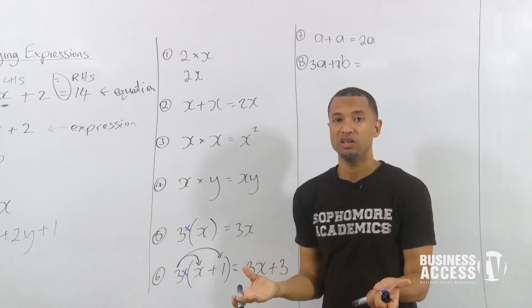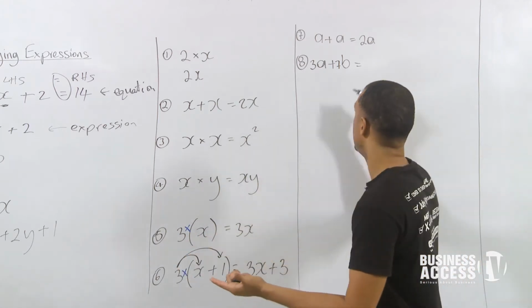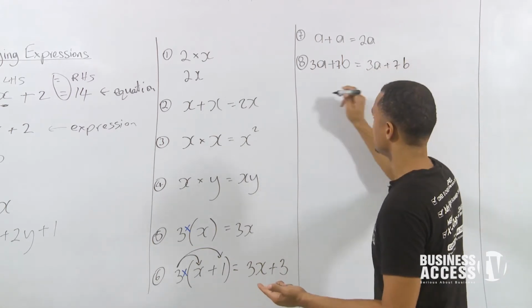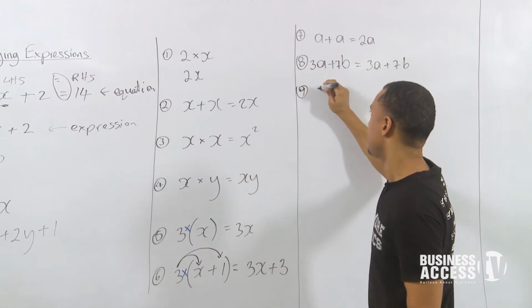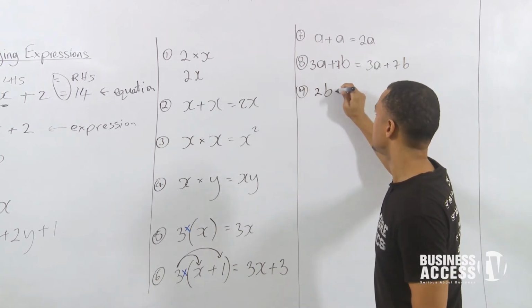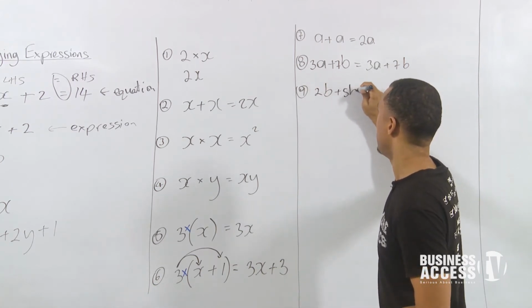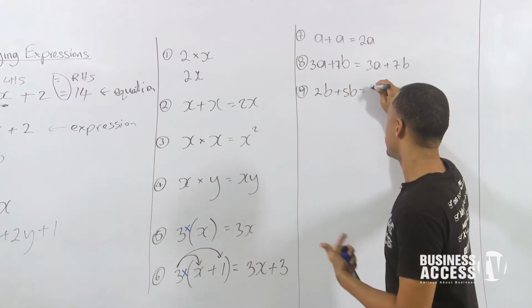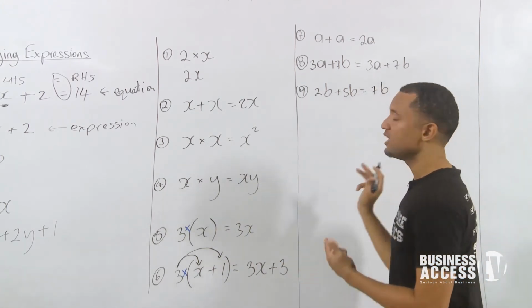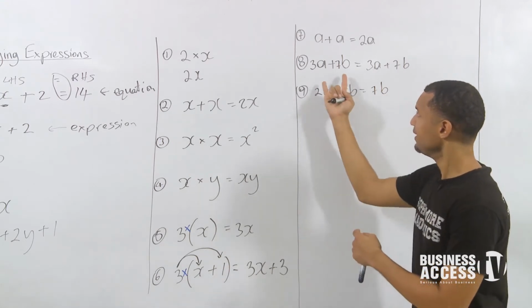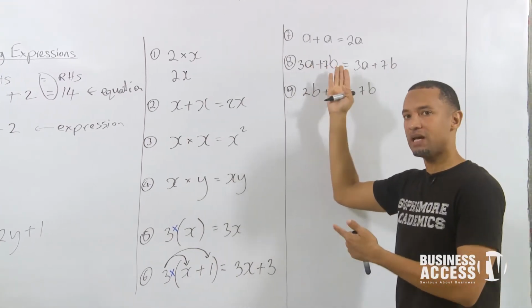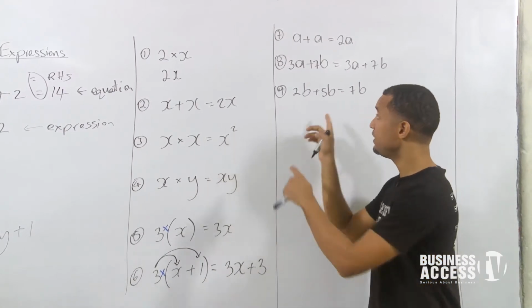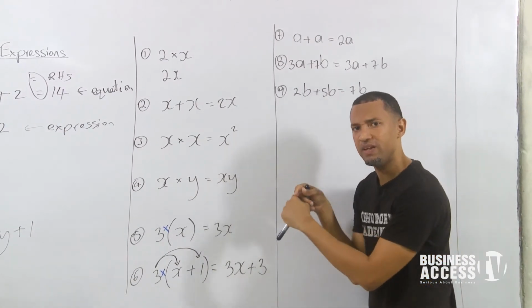No. You can only say you have 3 apples plus 7 bananas. But if you had 2 bananas plus 5 bananas, you can say that more simply: you have 7 bananas. Because these are unlike terms. Apples and bananas are unlike terms. You can't add them. But these are like terms, you can add them, right?